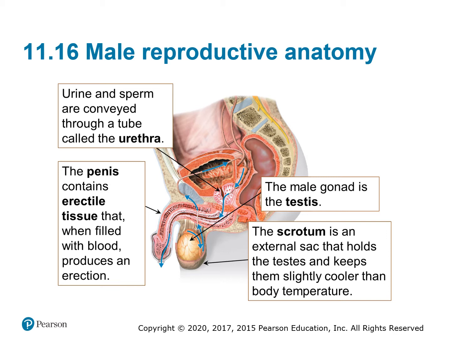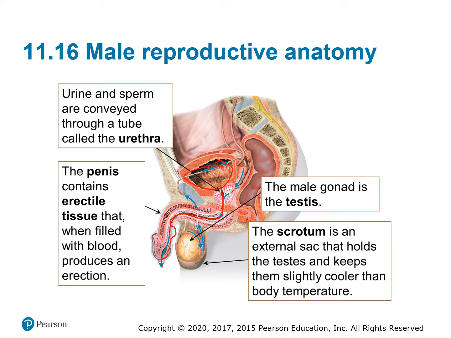So urine and sperm are conveyed through a tube called the urethra. So here's the bladder, and you can see that the urethra goes all the way down the penis.